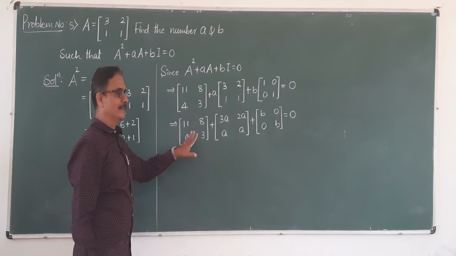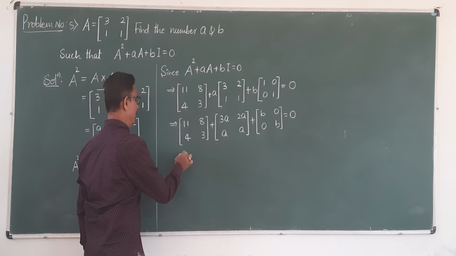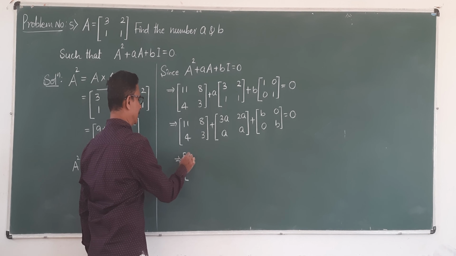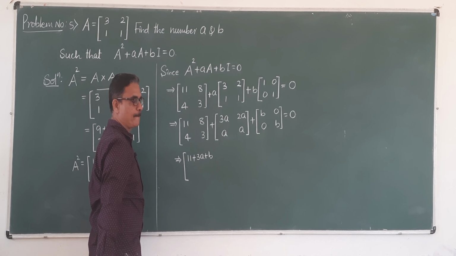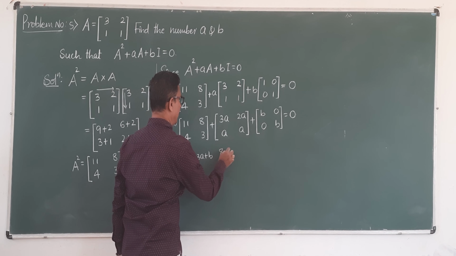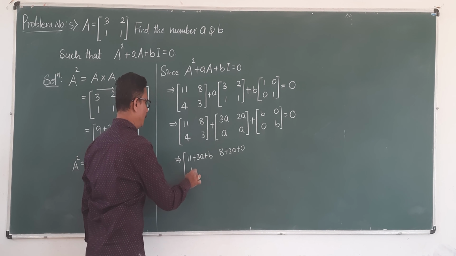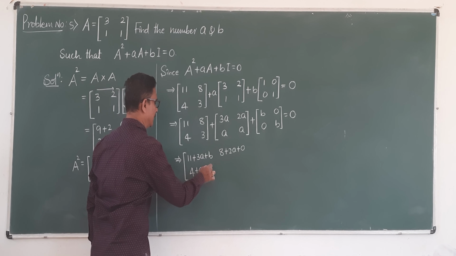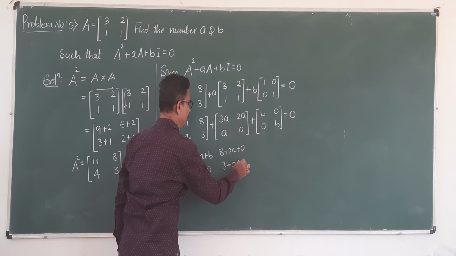Observe that on the left hand side all the matrices have the same order. By definition of addition of matrices, add the corresponding elements: 11 plus 3A plus B, here 8 plus 2A plus 0, second line 4 plus A plus 0, here 3 plus A plus B.